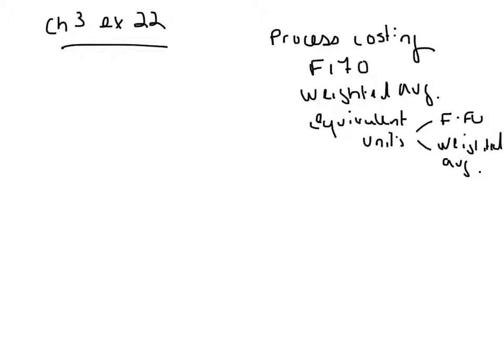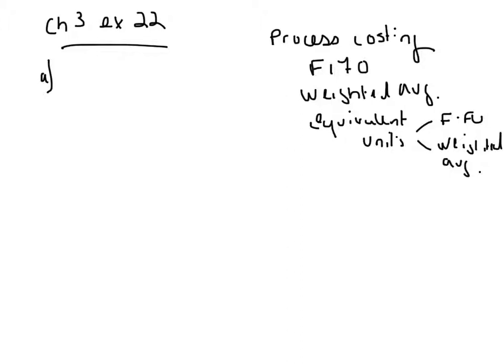So we start, this is A, knowing that this is using the weighted average method of equivalent units. Remember when we did exercise number 20, when it was just the weighted average method, we didn't start with beginning units under weighted average.